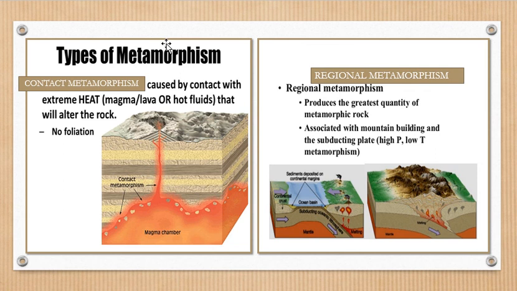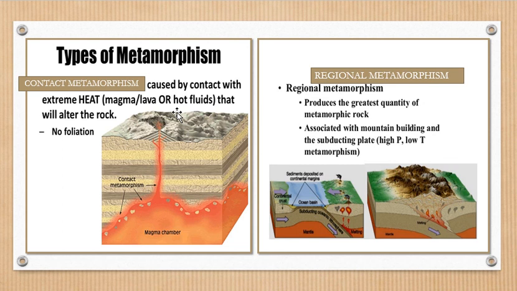Now, metamorphism can be contact metamorphism or regional metamorphism. What is the difference between these two types of metamorphism? In contact metamorphism, the existing rocks, either igneous or sedimentary, are exposed to extreme heat, such as magma or lava or hot fluids.